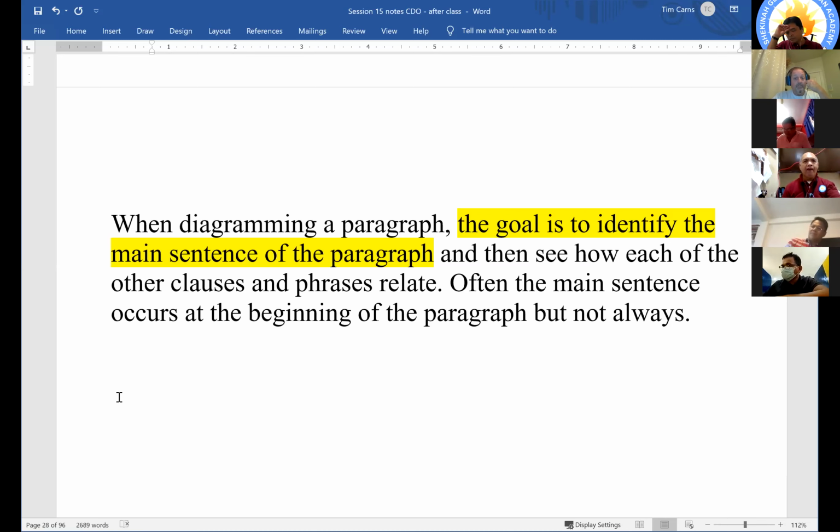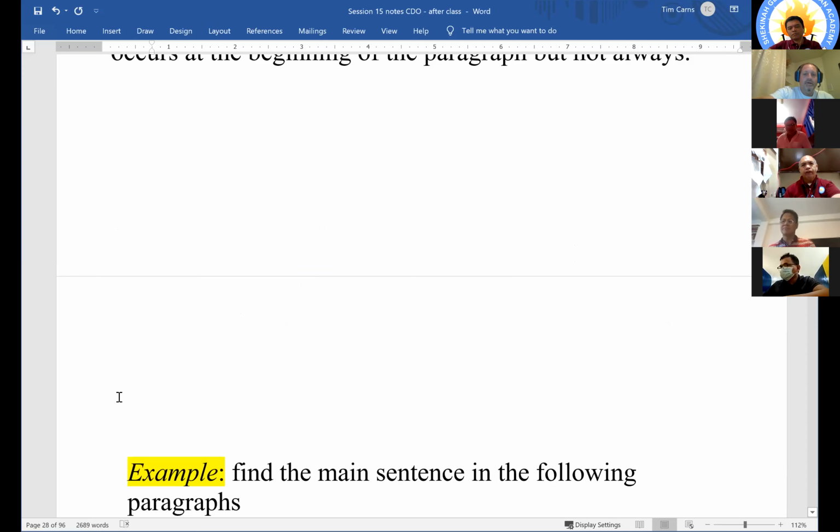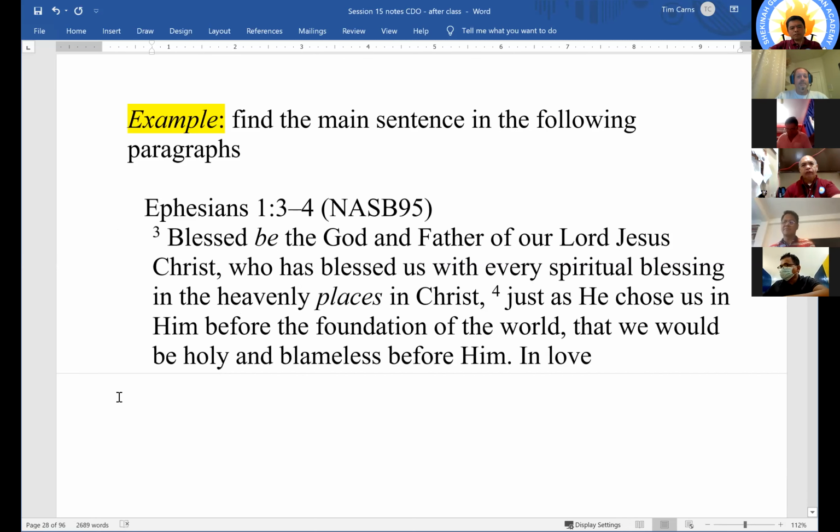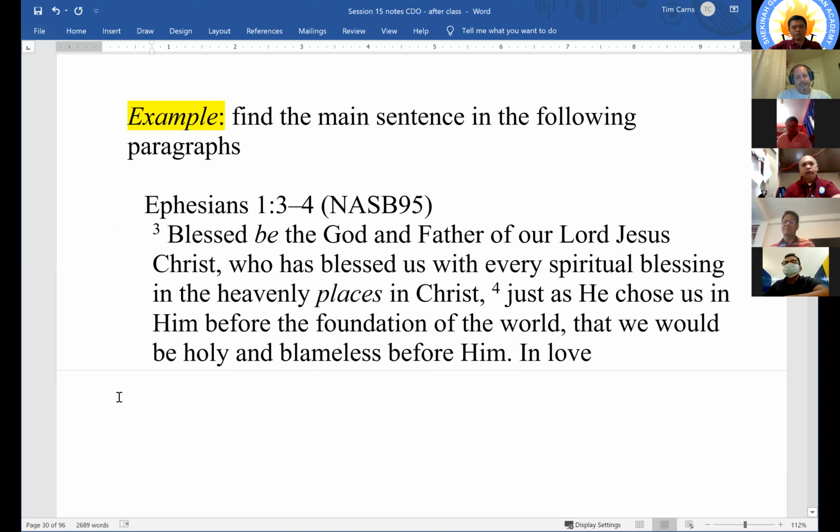Now, often the main sentence occurs, or we find it, at the beginning of the paragraph, but not always. Let me just show you this. I took a few passages from Ephesians, since we preach from that book. And what we're going to do is find the main sentence. I'll do a couple of them, and then I'm going to ask you guys to do that.